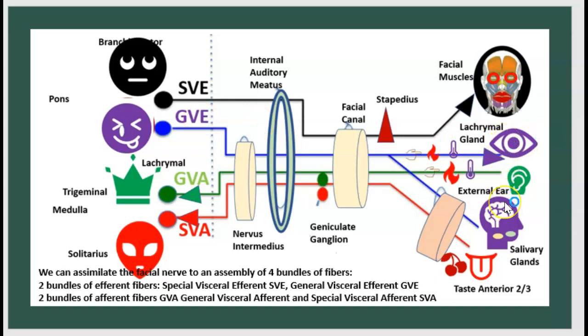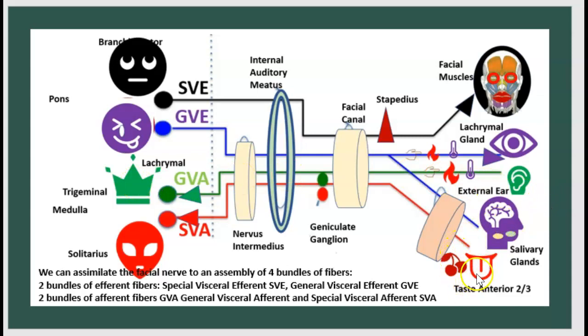And there are afferent fibers coming from the external ear for touch, pain, and temperature through GSA to the spinal trigeminal nucleus.